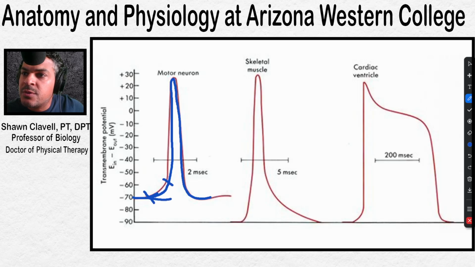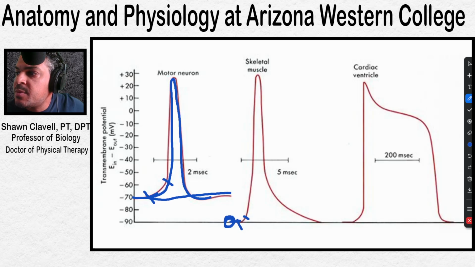So if this is our resting membrane, you've got hyperpolarization that sits right there. Now the skeletal muscles have a resting membrane potential at about negative 90 millivolts here. Then again, there's that slow depolarization, rapid depolarization, and then repolarization.